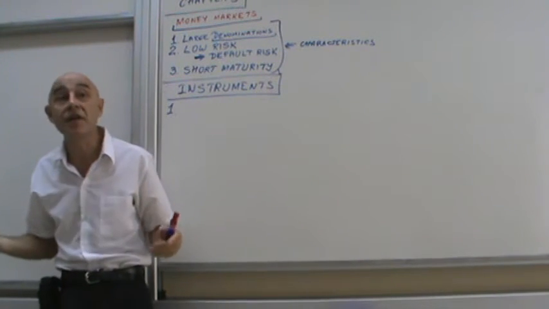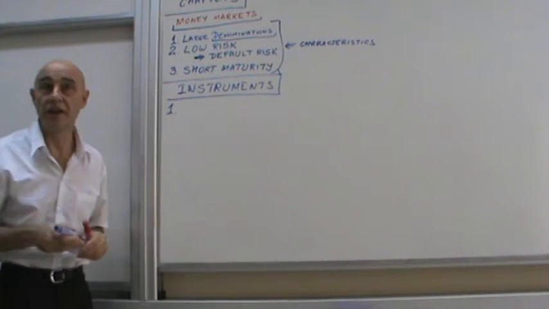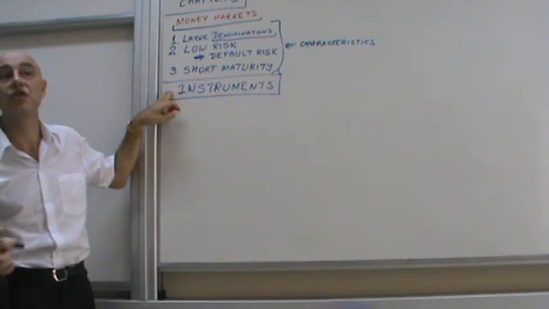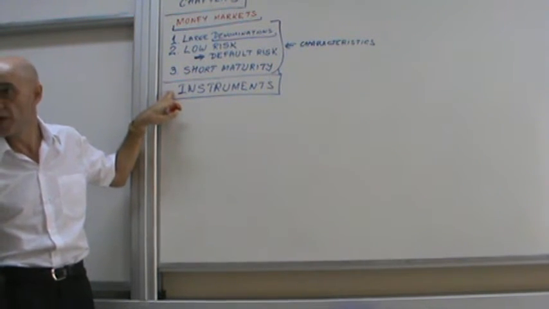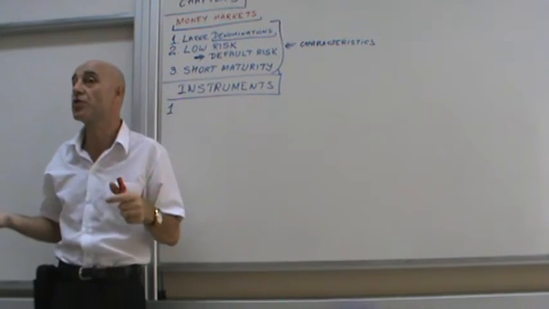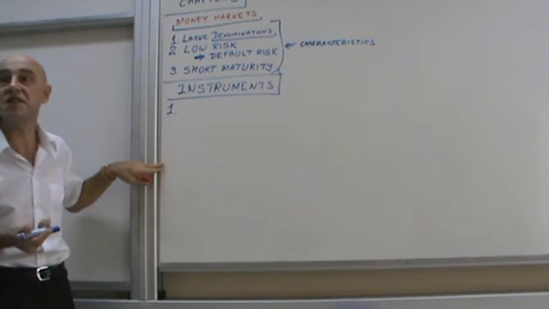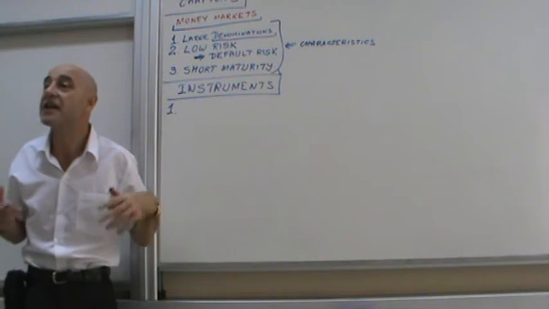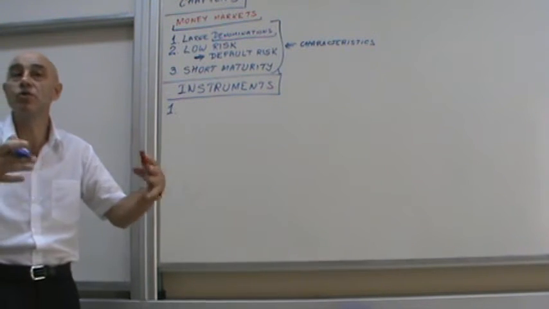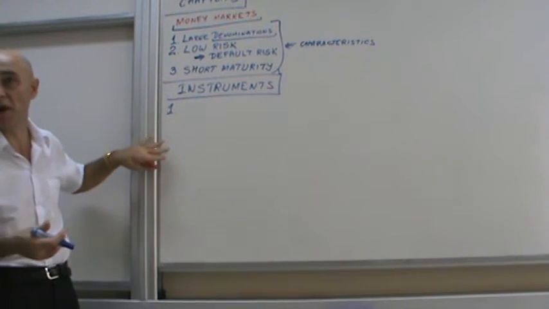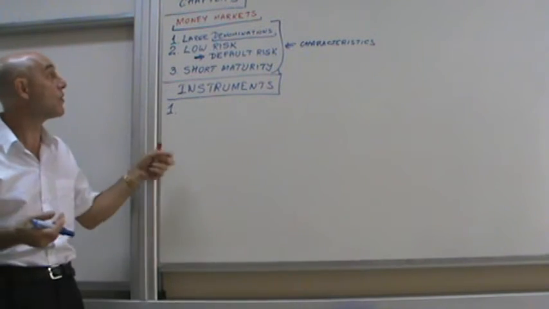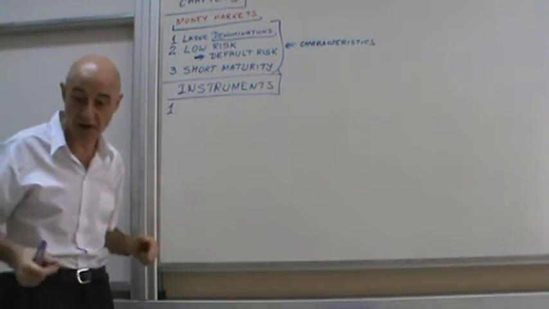Now, you could have 10, you could have 20, you could have 100. A financial instrument is created through financial innovation. You can have as many instruments as you can create. So these are the 6 primary. They're like 99% of the market. You may have all sorts of others, but these are the big ones. These are the main ones. These are the ones that determine the overall functioning of the money markets.